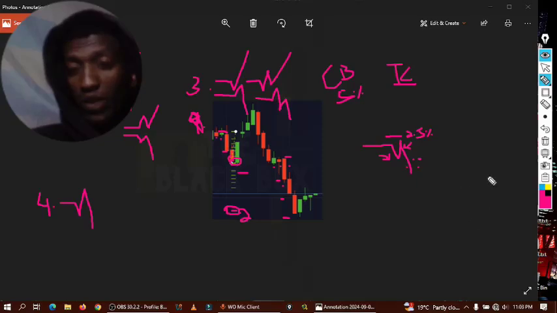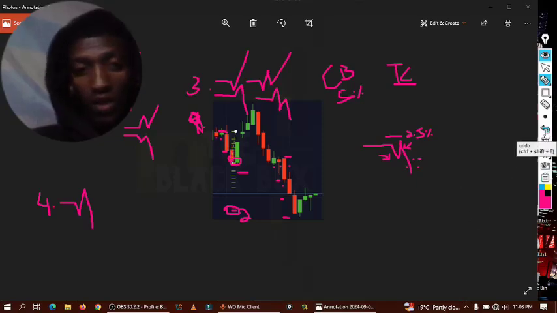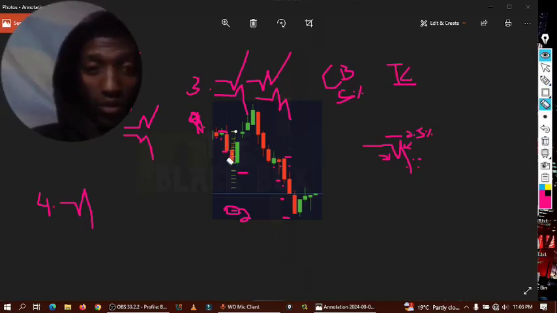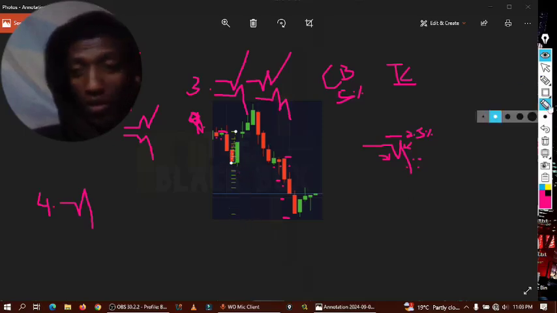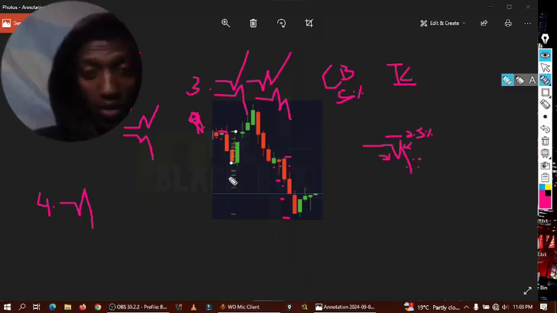Let me erase it. Yep, that is clearly wrong. I apologize. So measure from down there to up there. Then TP1 will be around 0 obviously, and TP2 will be down there.